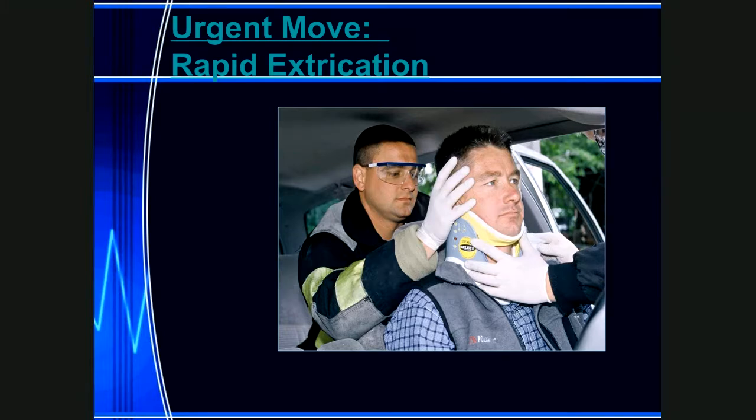An urgent move with rapid extrication. Here we have a patient that has critical injuries and we need to remove them from the vehicle. We could do it with a KED, but the KED is an item that we use in the non-urgent move, because if we take time to put it on, it can cause significant delays possibly.